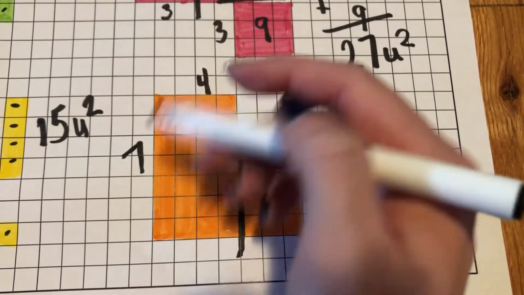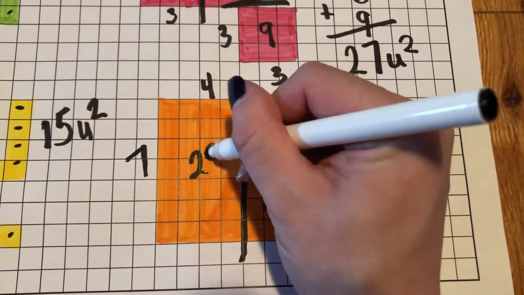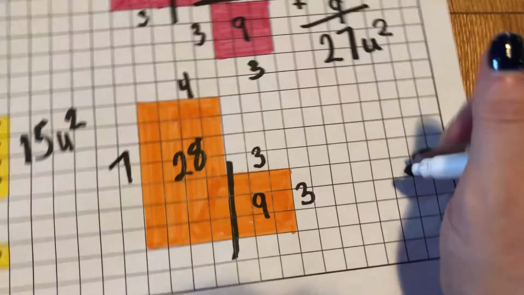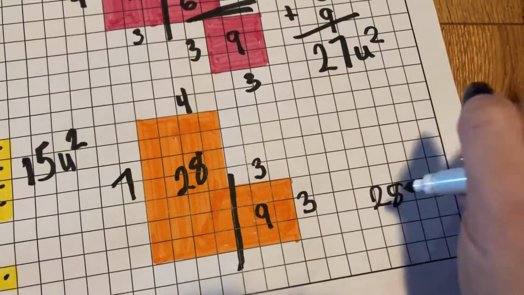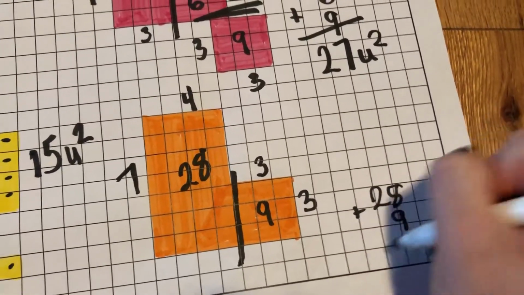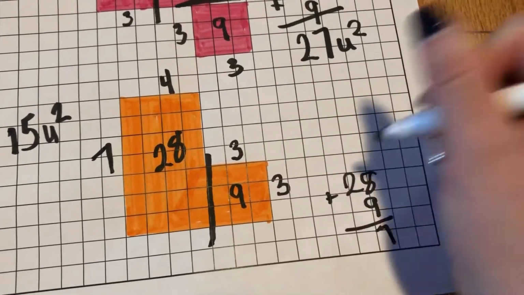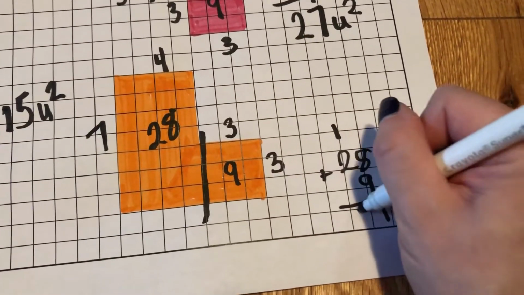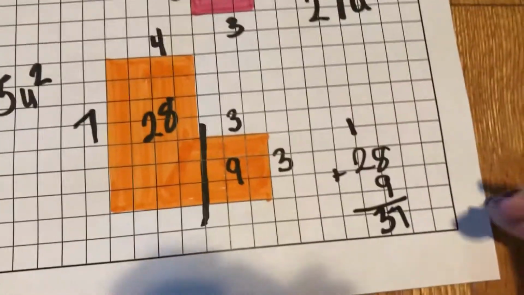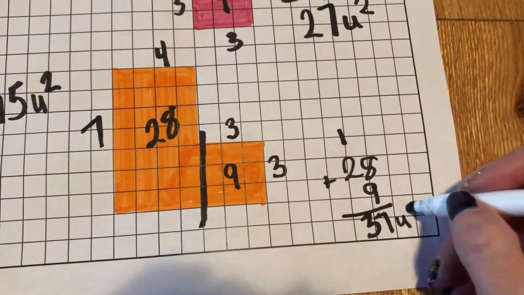So 14 doubled is 28. Now I just have to add 28 plus 9. I know that 9 plus 8 is 17. Carry the 1, 37. So my answer is 37 units squared.